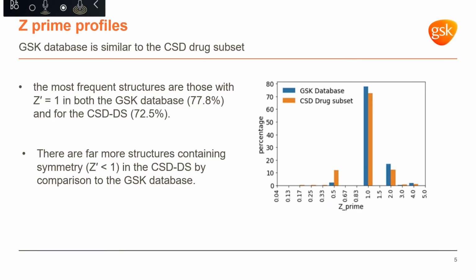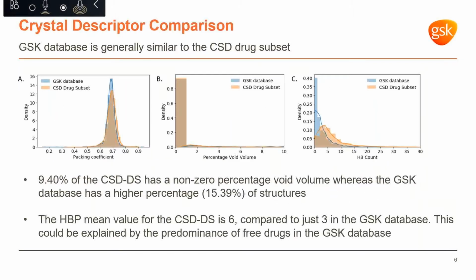We also looked at crystal descriptors, particularly to assess the packing of crystals. Close packing is expected to lead to more energetically stable structures, and this feature can be assessed by looking at packing coefficients, which is the ratio of occupied volume out of the total cell volume in the crystal system.